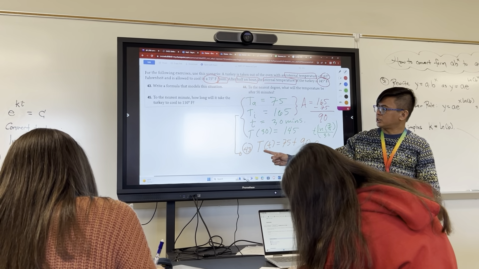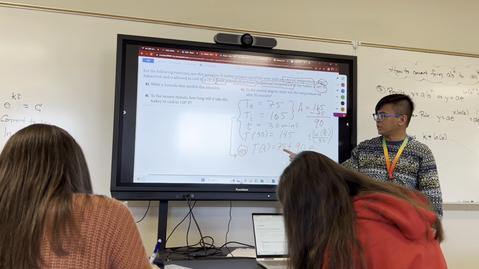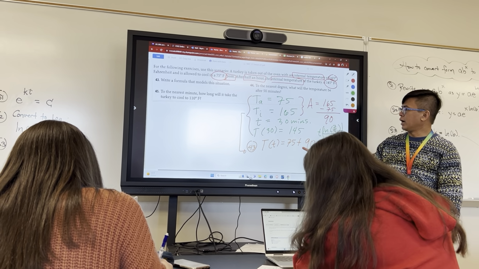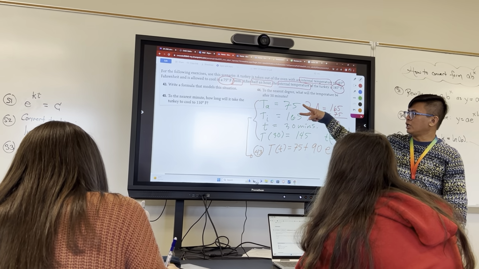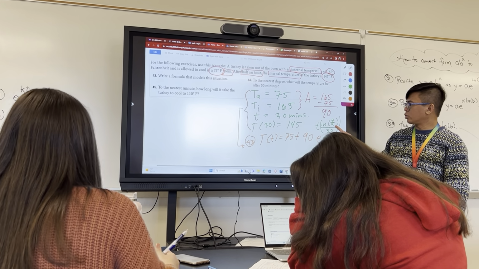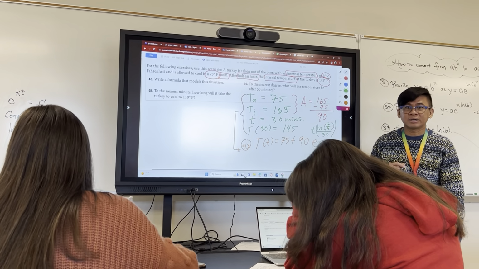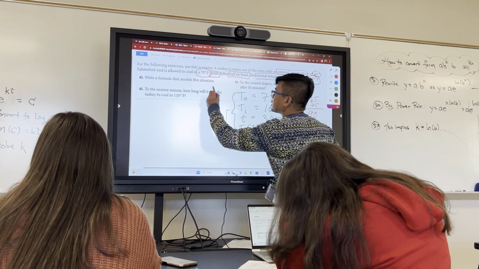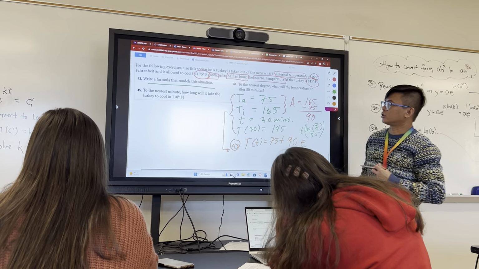T in terms of time is equal to 75, that is the surrounding temperature, plus the difference between the initial and surrounding temperature times e to the kt. So that is the formula for this situation.